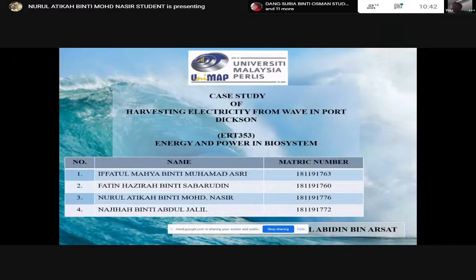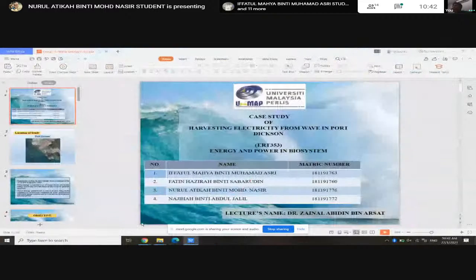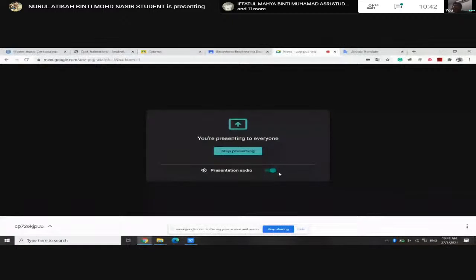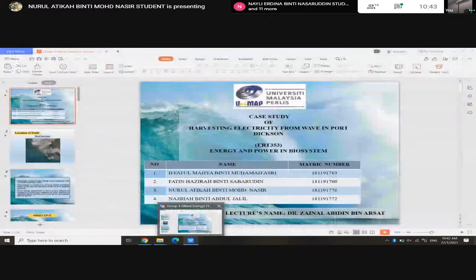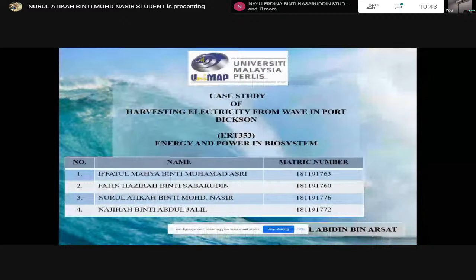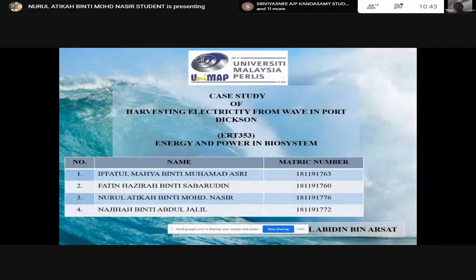Tak tahu buat apa je lah. Buka kat ni. Lekas, lekas. Doktor dengar? Dengar, dengar.